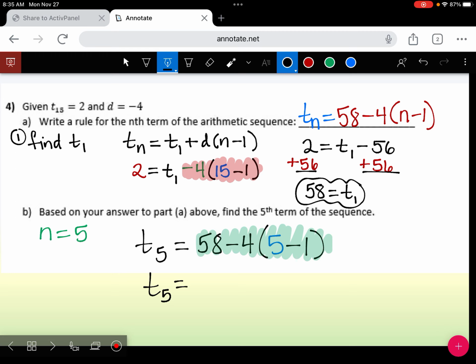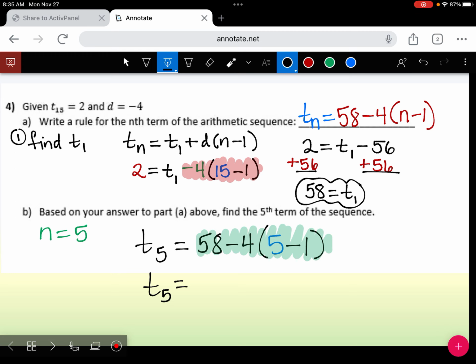Yep. So let's see what it's. So it's 58 minus 4 times 4. So I got 42. Anybody else get 42?